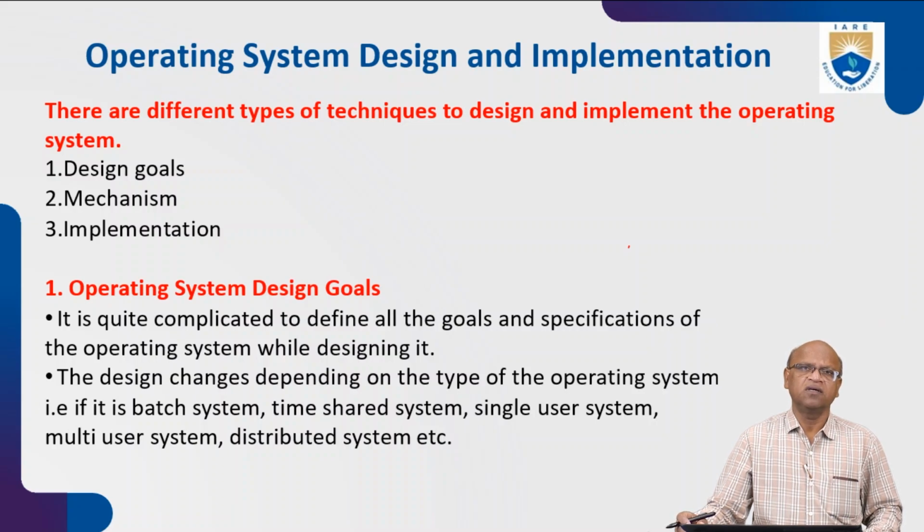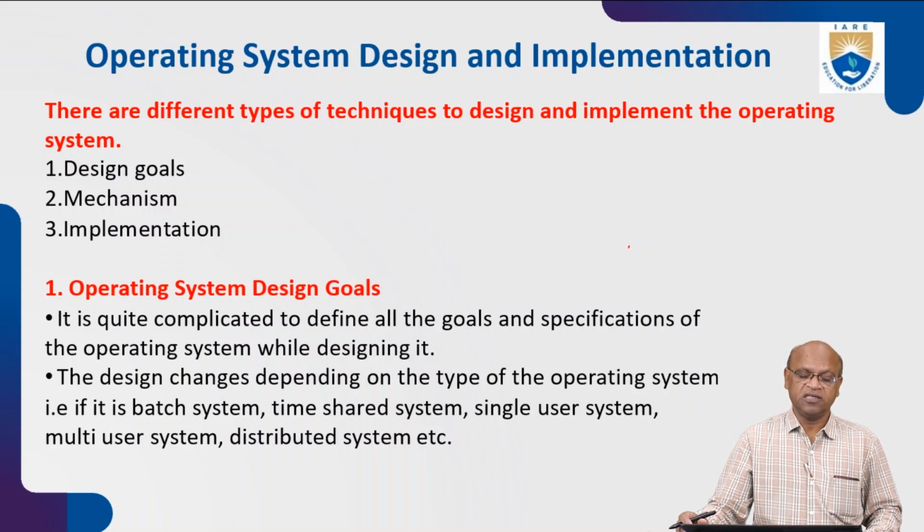First of all, there are different techniques to design and implement an operating system: design goals, mechanism, and implementation. The first part is the operating system design goals. What are the goals of this operating system? After making it, what will it do? It is quite complicated to define all the goals and specifications of the operating system while designing it.